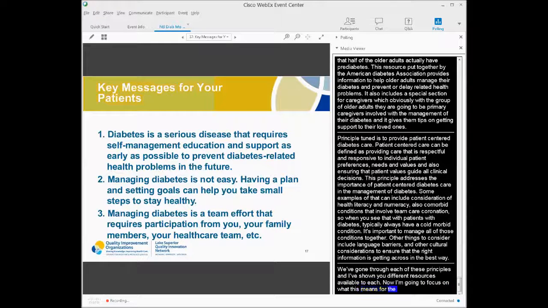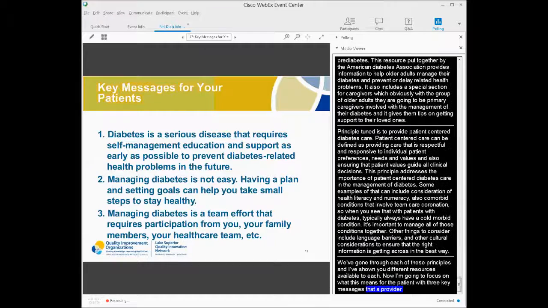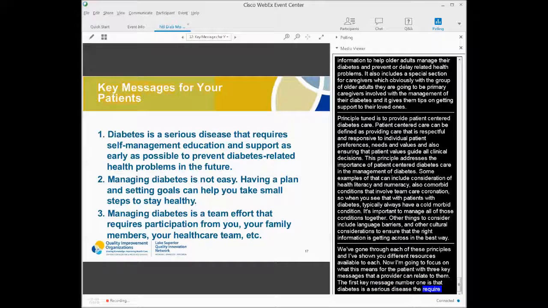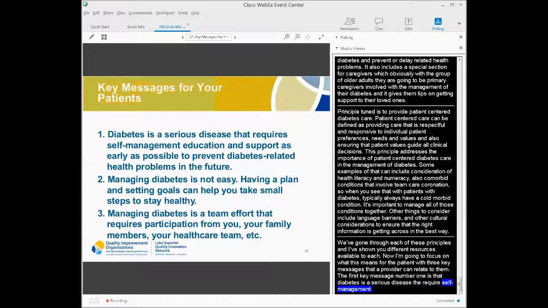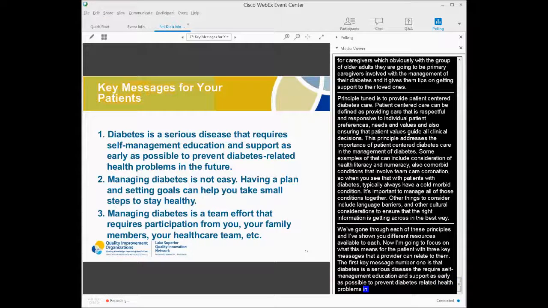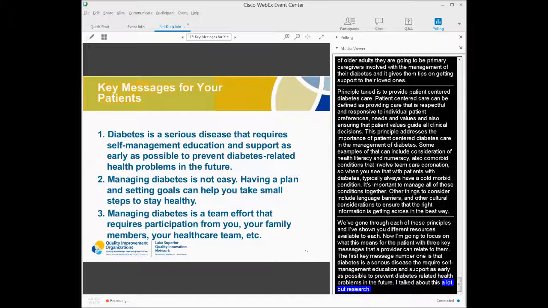So the first key message, number 1, is that diabetes is a serious disease that requires self-management education and support as early as possible to prevent diabetes-related health problems in the future. So, I talked about this a lot already, but research has shown that if a patient is able to manage their diabetes as early as possible, that can prevent diabetes-related health problems that include kidney disease, vision loss, heart disease, and stroke.